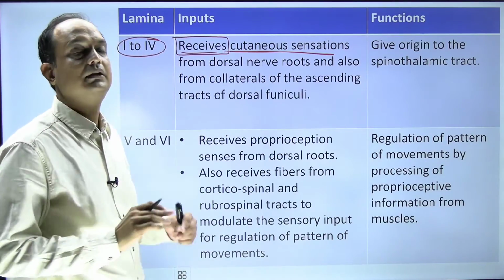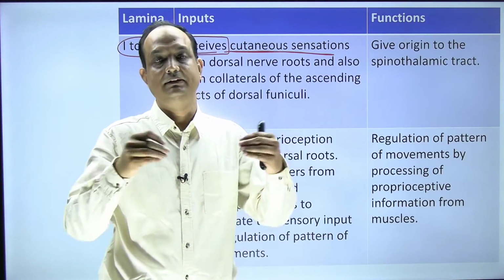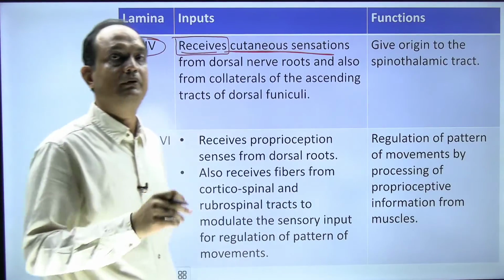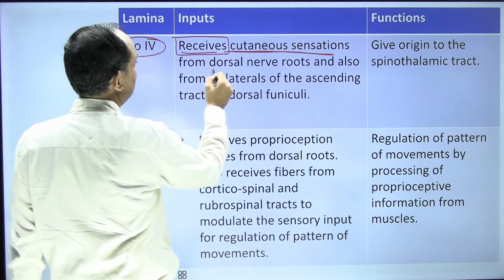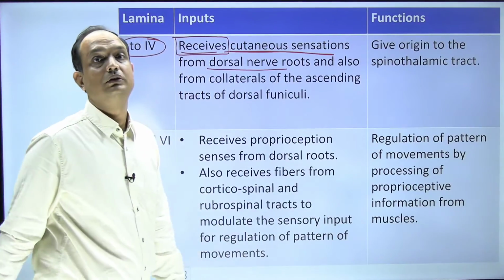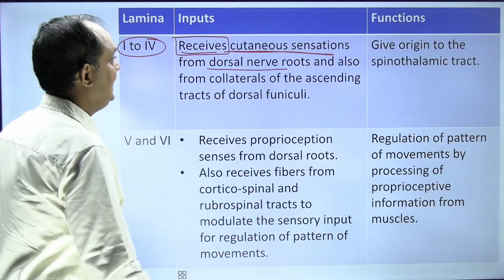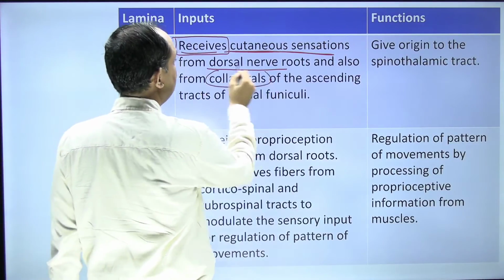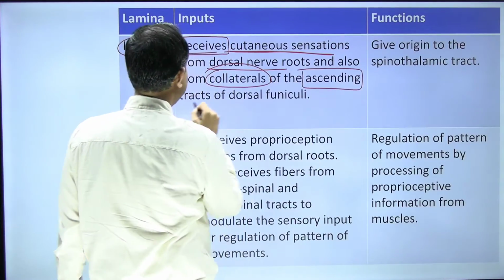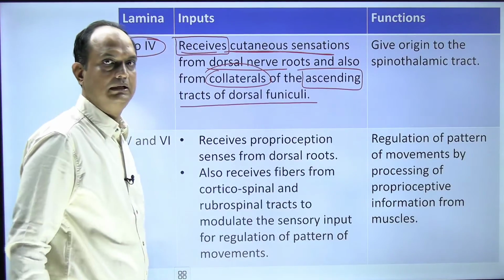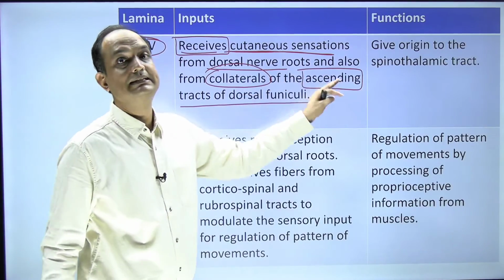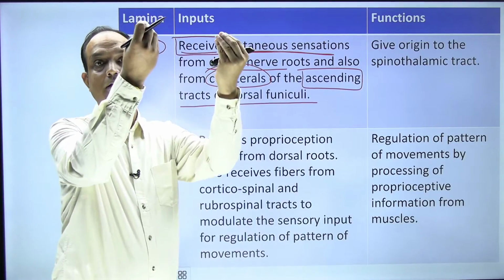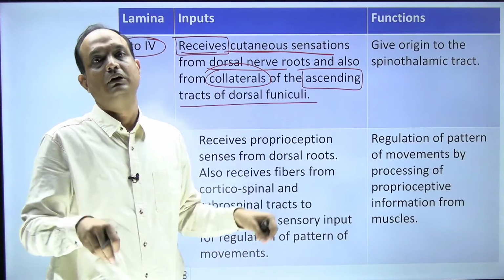And you know that the cutaneous sensation or the afferents which are entering into the spinal cord through the dorsal root come from the first order neuron, and these neurons are present in the dorsal root ganglia. And apart from that, these are also receiving collaterals from the ascending tracts of the dorsal funiculi. They are also receiving some ascending tract collaterals. The tracts which are going upward also give some kind of collaterals.